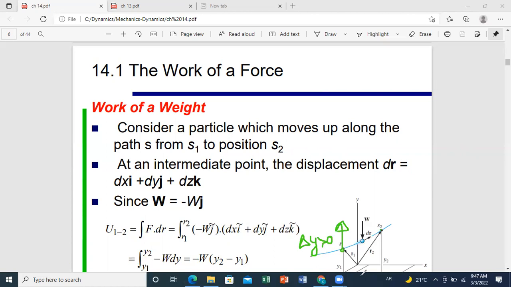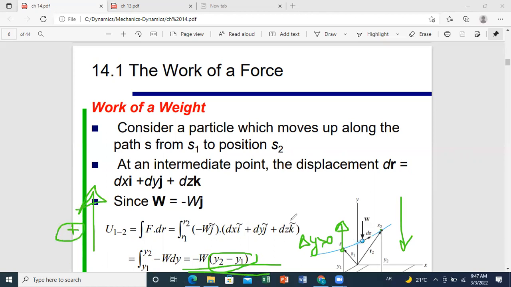It will oppose it. And whenever a force opposes motion, it will do a negative work. This is why I can verify here that when I move up, the work of weight is negative. When I move down, the work will be positive because delta y will become negative. So please keep in mind this relation is developed for y-axis positive upward.